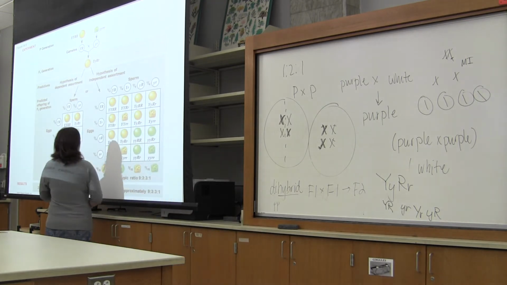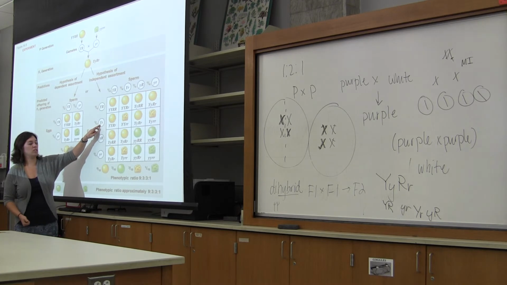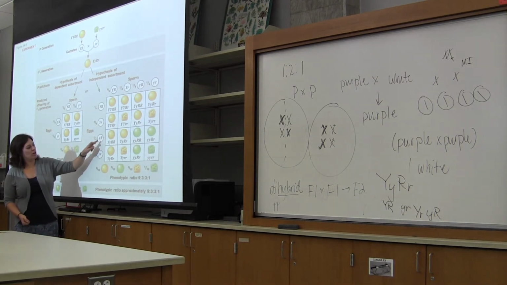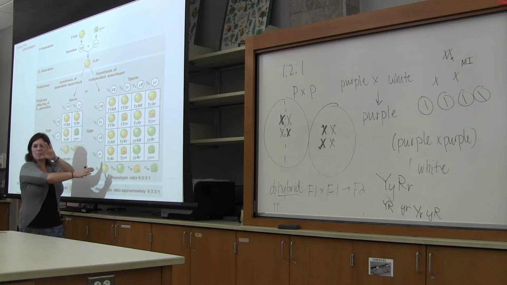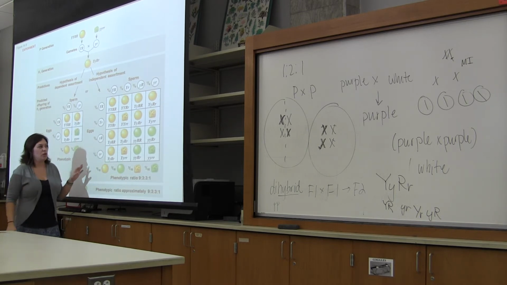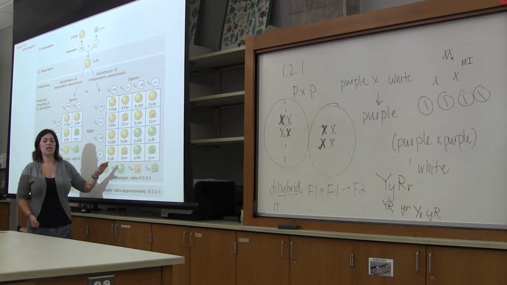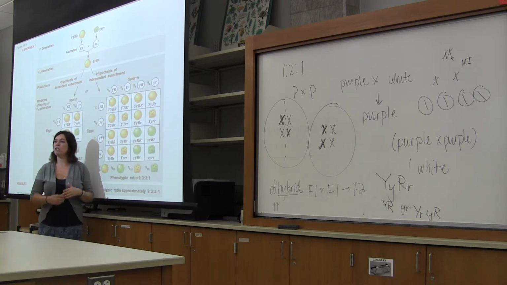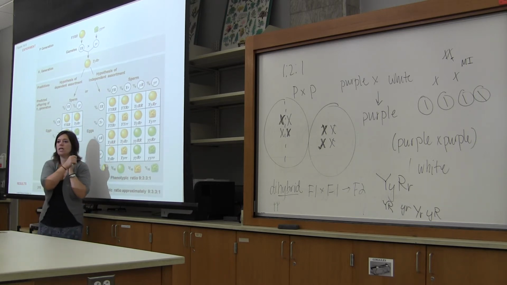And so you can see them all right here. You can either get big Y, big R, big Y, little r, little y, big R, or little r, little y. And so if you cross all those different possible combinations together, you're going to get 16 different offspring, or not necessarily 16 offspring, but you're going to get a ratio of 16 different possible genotypes.